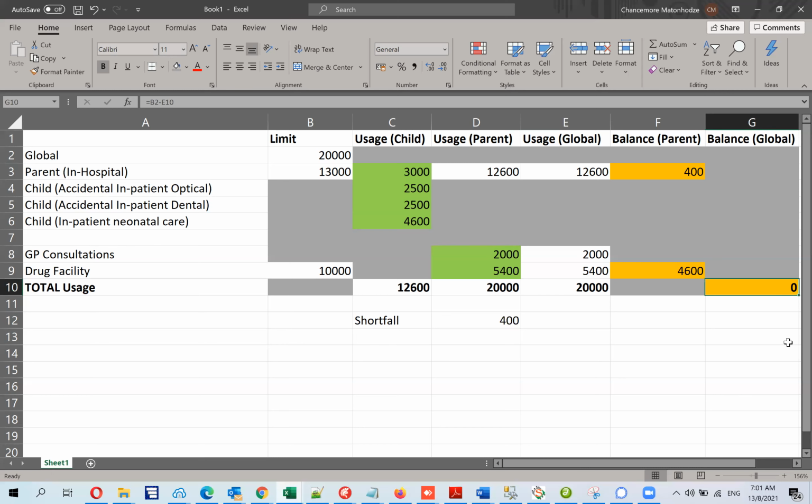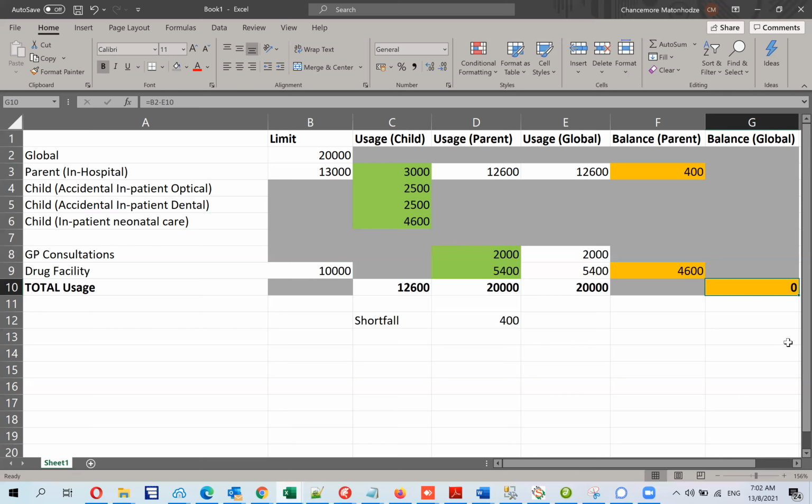Why did we not make sure that every benefit under the global limit, whether it's a parent or child speaking to each other, amounts to the 20,000, so that whatever happens, we don't come up with such a scenario where someone says, why am I not able to still access my drug facility benefit of 4,600, because according to my claims, they are still at 4.4, and I have a drug limit of 10,000. So I'm just trying to comprehend and say, why do we not structure this in such a way that all our benefits added up together in terms of the limits add up to the global limit of 20,000?